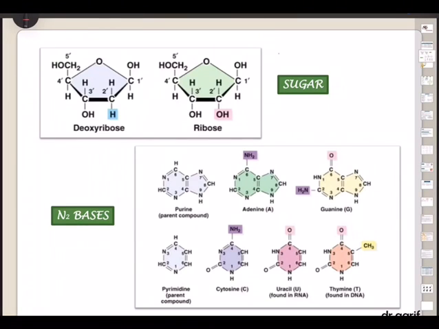Now with that in our background, we move forward with regards to why the genes are responsible for our characters.